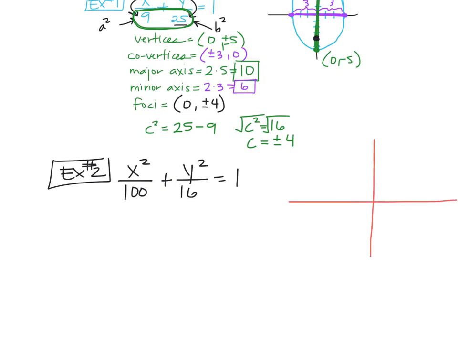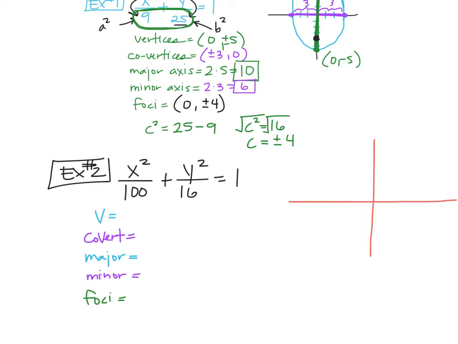Okay, so in this setup, we're going to find the vertices, the co-vertices, the major axis and the minor, and then we're going to end with the foci.